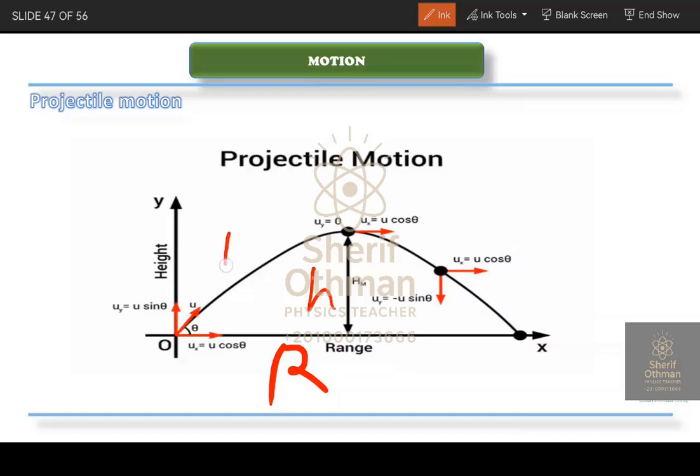T small is the time of the maximum height, while T capital is the total time of motion. How to find these rules, guys? First step, in projectile motion, you have to find the components of V initial. All of the rules to find R, H, T small, or T capital depend on V initial in the Y direction and V initial in the X direction, the components of the initial velocity.